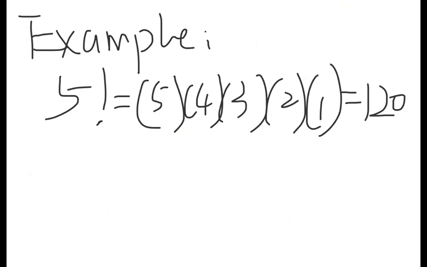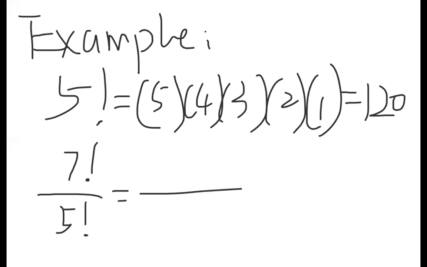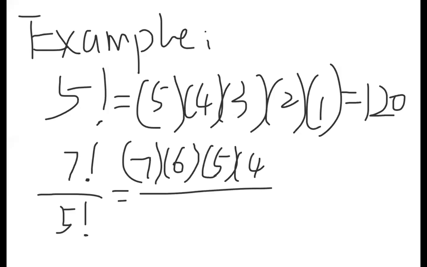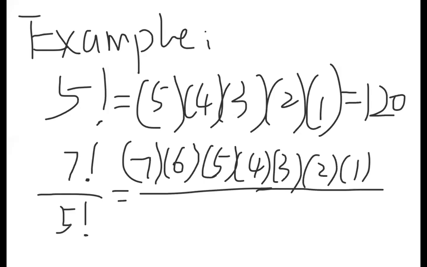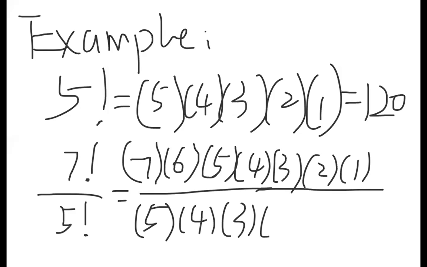So what if you have a fraction with factorials? You just do the factorials for both the numerator and the denominator. So 7 factorial becomes 7 times 6 times 5 times 4 times 3 times 2 times 1. And the denominator is 5 times 4 times 3 times 2 times 1.